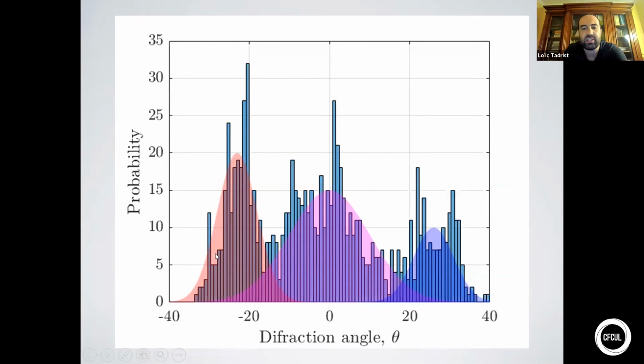But anyway, what we see is that there are basically three peaks, centered at about minus 30 degrees, plus 30 degrees, and at 0 degrees. So this is a different diffraction compared to the one observed for the two-slit experiments, where the maximum angles reach 60 degrees.